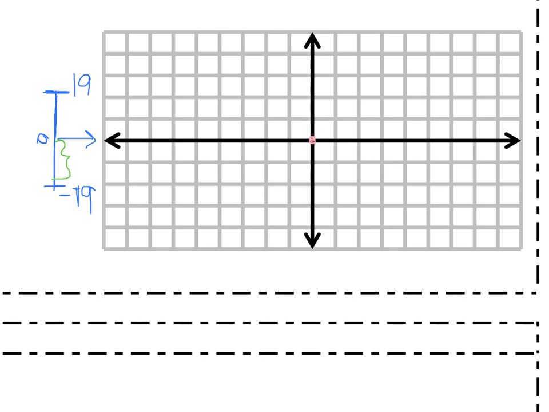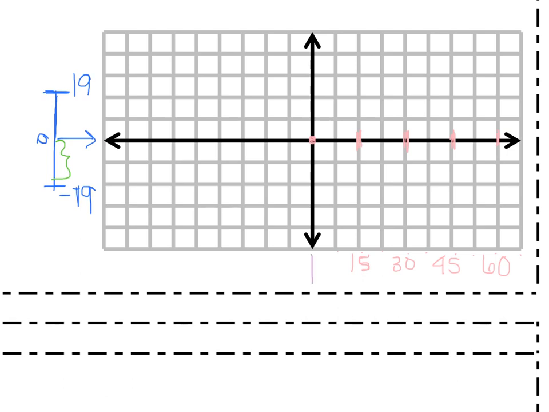I have 1, 2, 3, 4, 5, 6, 7, 8, 9, 10 of these little boxes on the x-axis here. So I'm going to let 2 of them represent a distance of 15 units total. Then this will mark 30, this is going to mark 45, and this is going to mark 60 seconds.